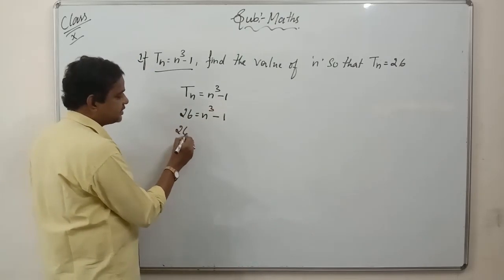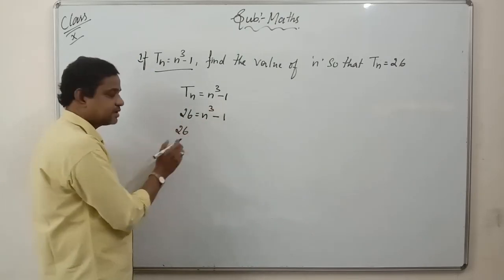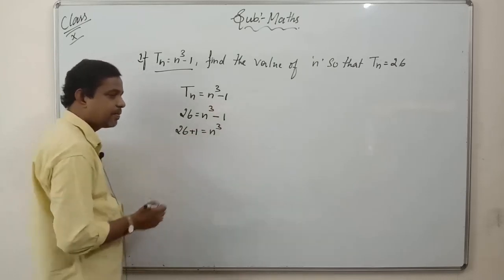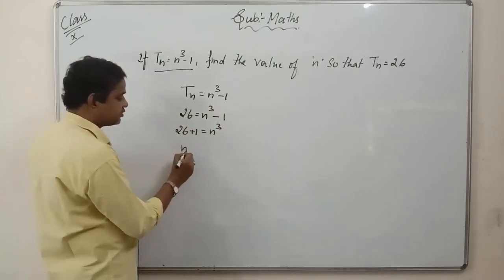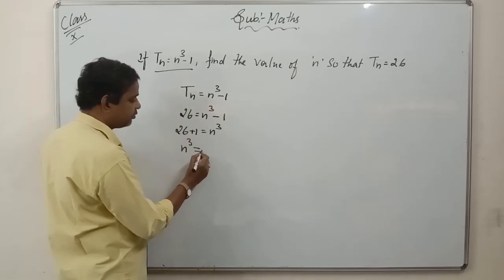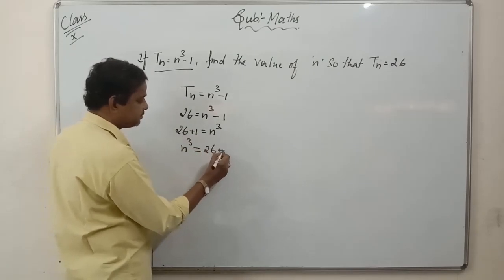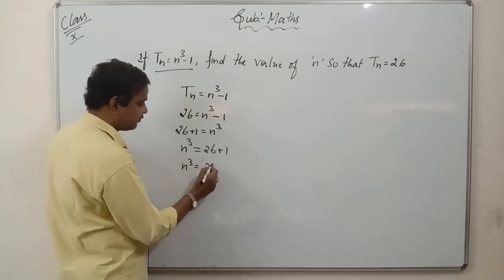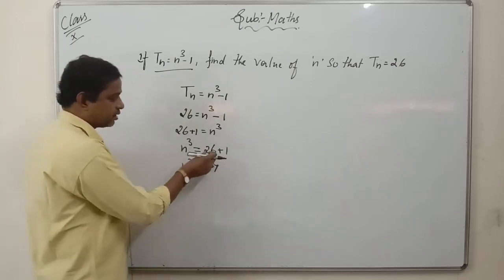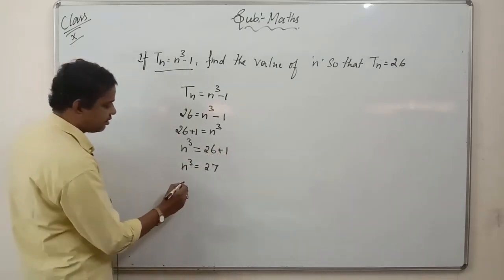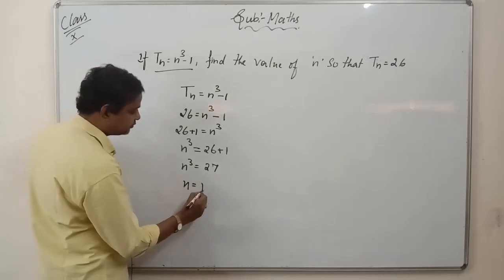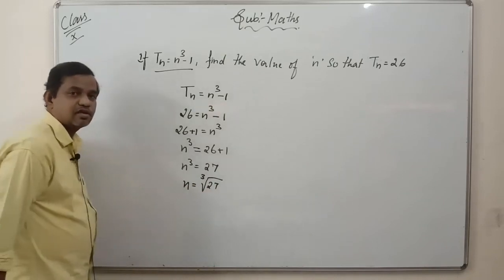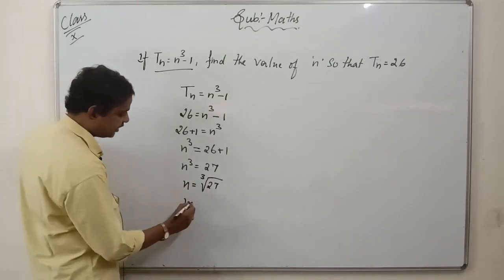So minus 1 you bring to the LHS, plus 1 equals n cube, or I will write it in this way so that it will be easy for you to understand. N cube equals 26 plus 1, or n cube equals 27. 26 plus 1 is 27, or n equals cube root of 27.